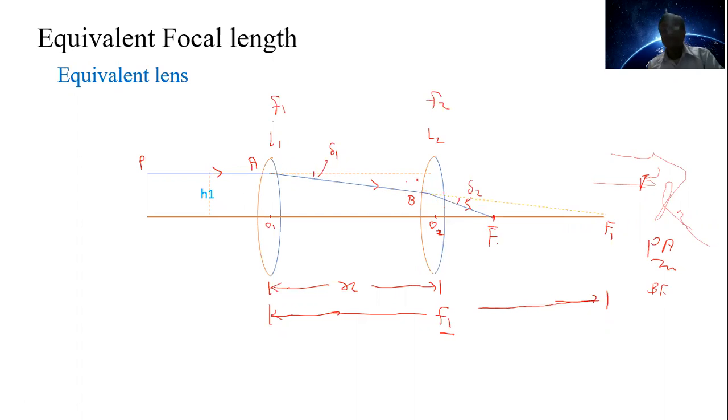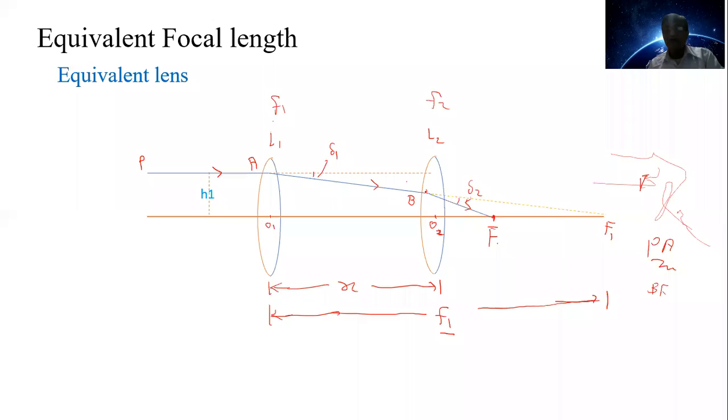Here, PA is produced forward and BF is produced backward, and let us suppose they meet here at a point H. Now see, this is the incident ray and this one is the emergent ray from this system, and this represents the total deviation delta. You get the total deviation here.